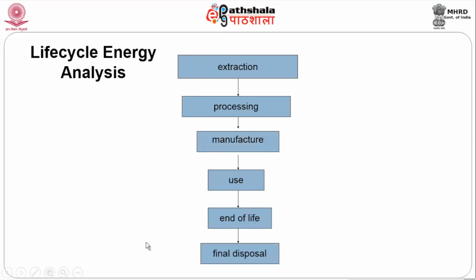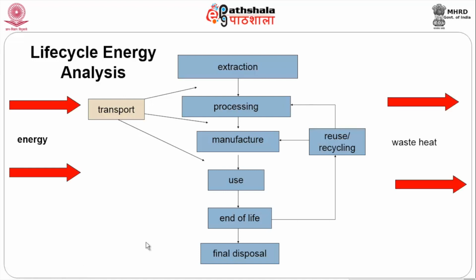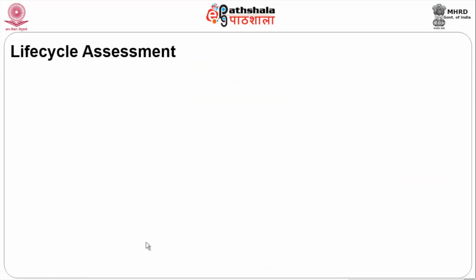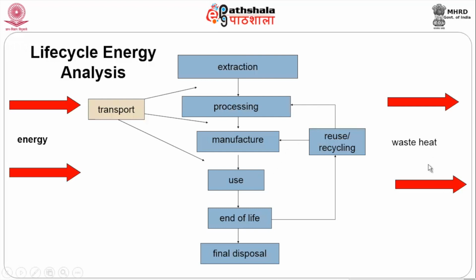Now, look at this simple graphical chart. Energies used in terms of transportation, we look at basically from the extraction of this material from natural resources, and processing the material, like shaping it to the required sizes, carrying it from the site to processing, and then manufacturing this material into a usable form.